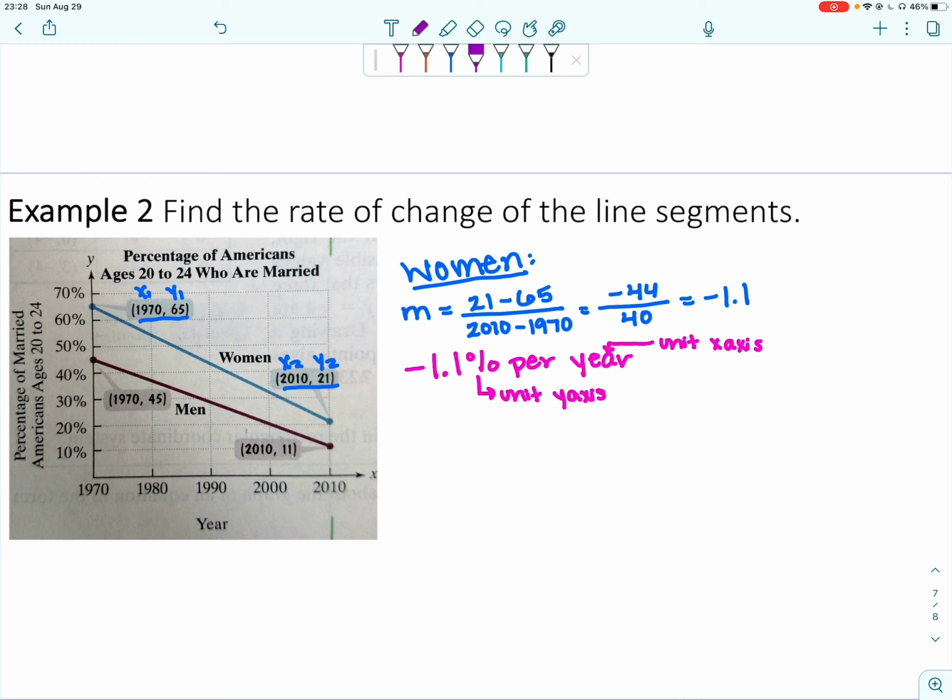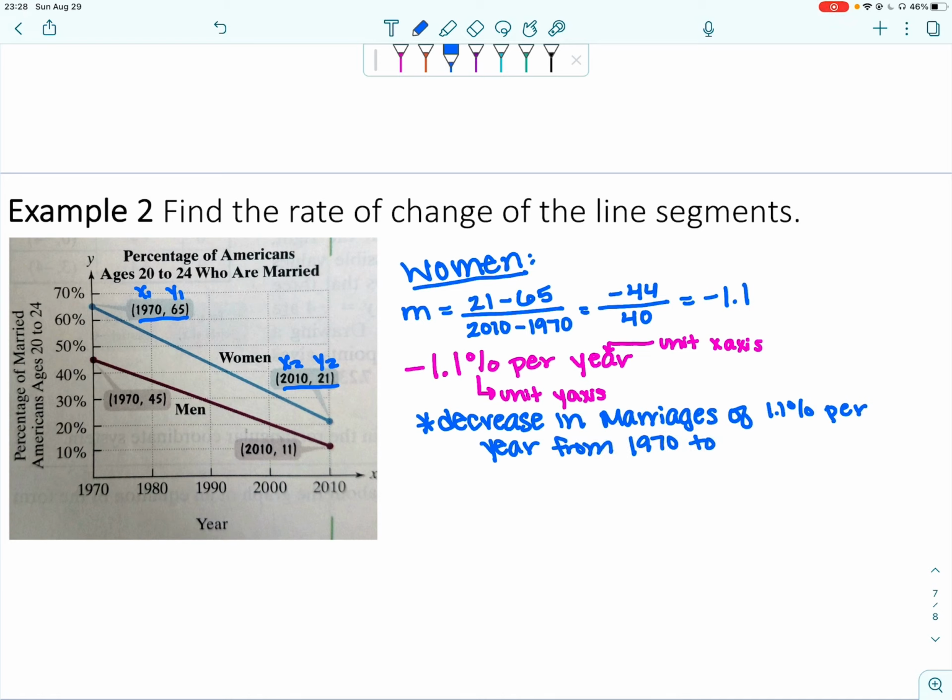And I could put this in words. I could say we are seeing a decrease in marriages of 1.1% per year from 1970 to 2010.